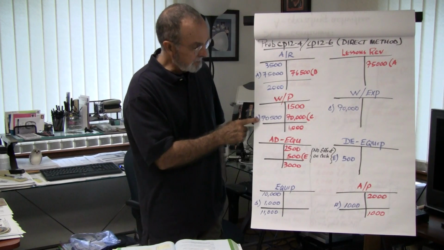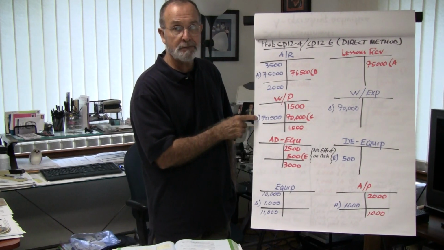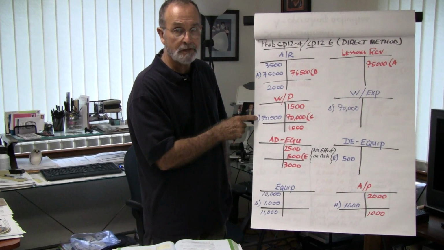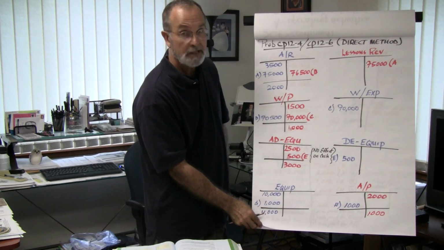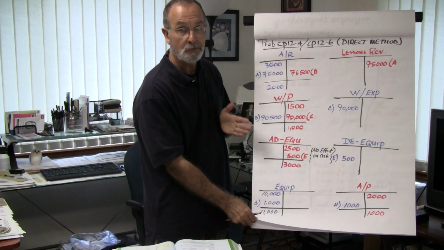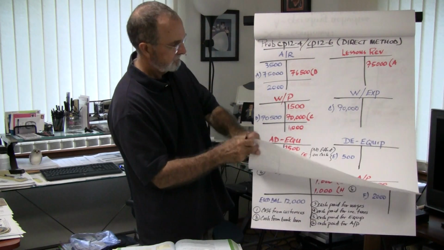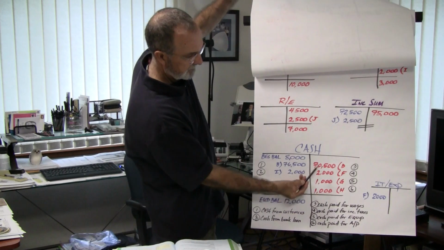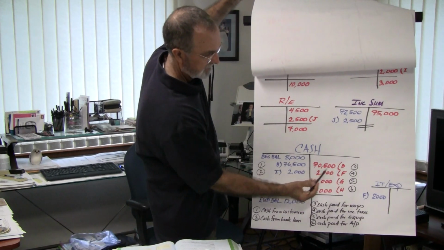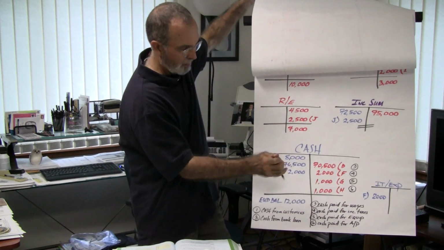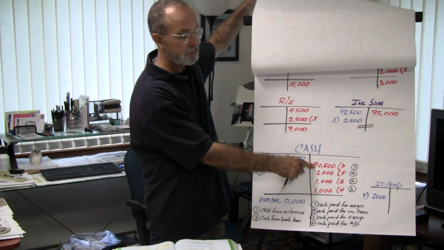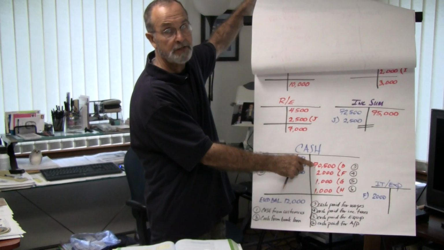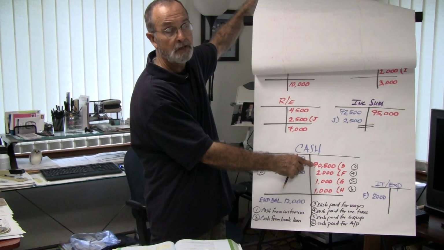And so the offsetting credit for this debit of $70,500 in wages payable, since it's a payment, would be a credit to cash. And so this would be the second item for our statement of cash flows: $70,500 cash paid for wages to employees.